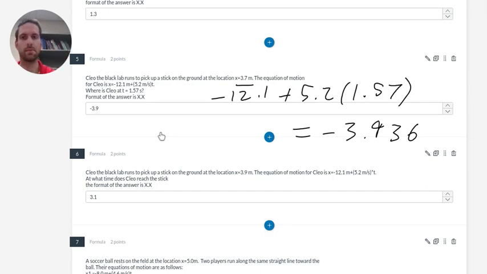And that's going to be in meters. And if it's x.x, that's going to be negative 3.9 with just a 9 there. Right?